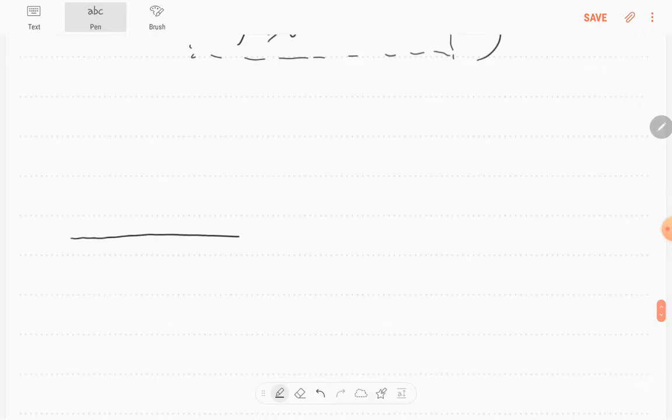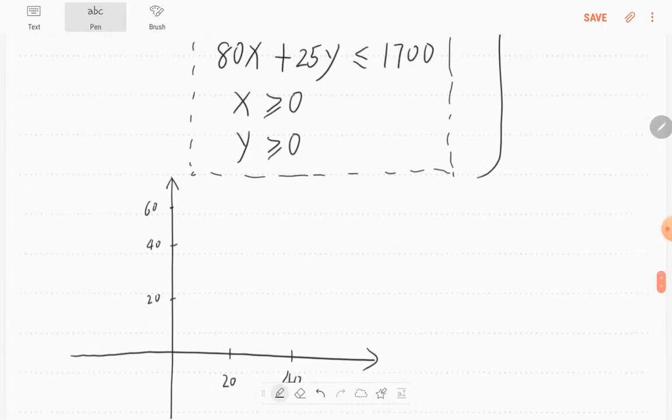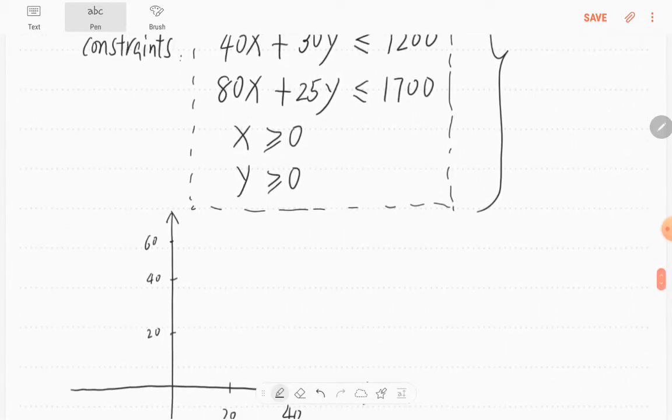Let's draw the graph. This is 20, 40, 60. So now let's look at the first one.